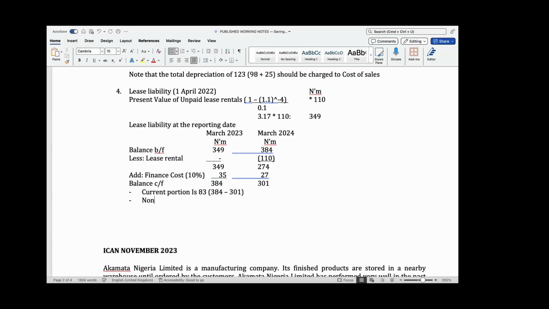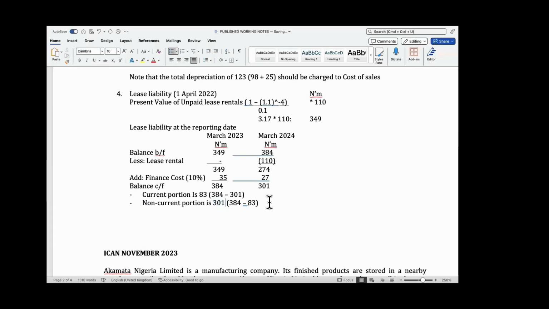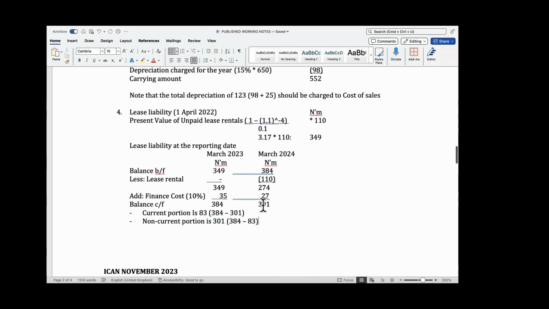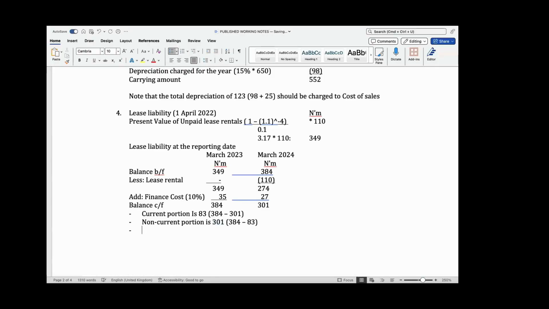And the non-current portion is 301. Which we can just say 384 minus the current portion. So the balance is 301, the non-current.